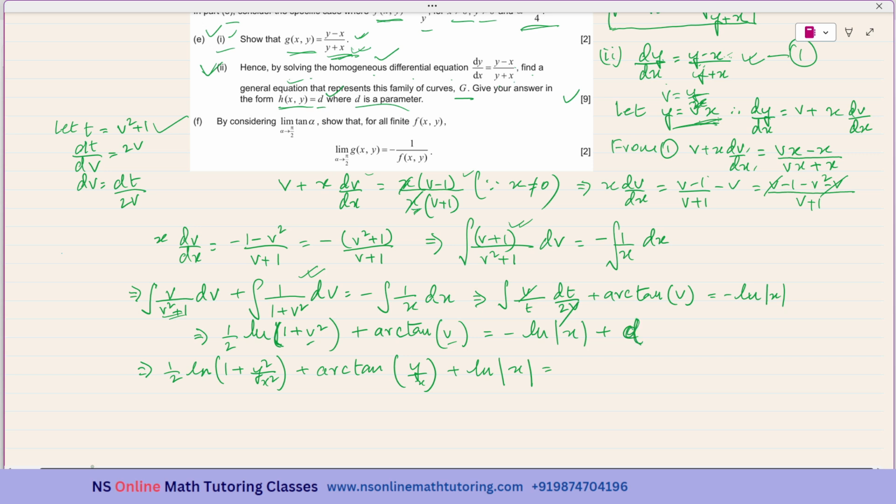This is the constant of integration, so this is d. Okay. So this is the h of x comma y.